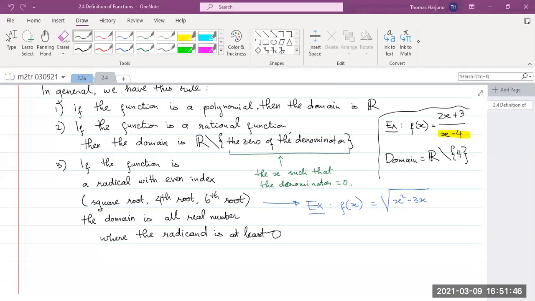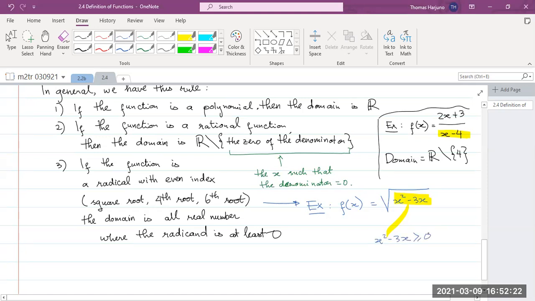Now, for an odd index like cube root or fifth root, it's okay. We don't have such a restriction. The domain is still all real numbers, whatever you have in the radicand. But if the index is square root, fourth root, or sixth root, then the radicand has to be at least 0. We usually say that the radicand has to be non-negative. So x squared minus 3x has to be at least 0.